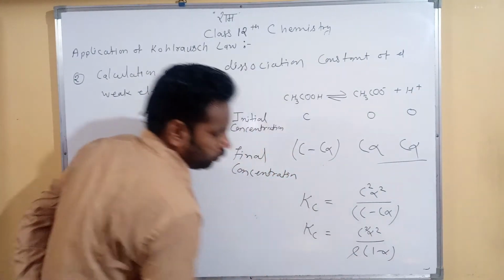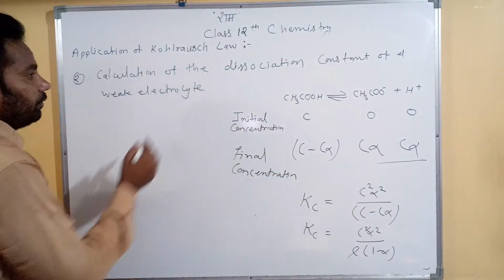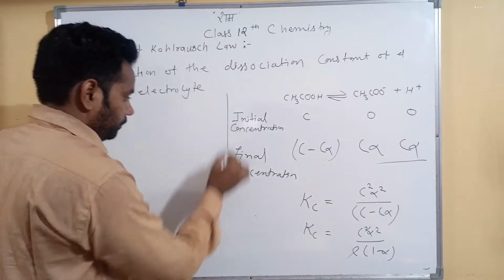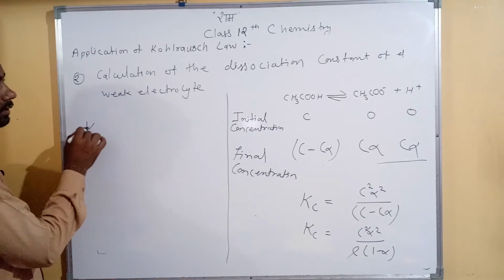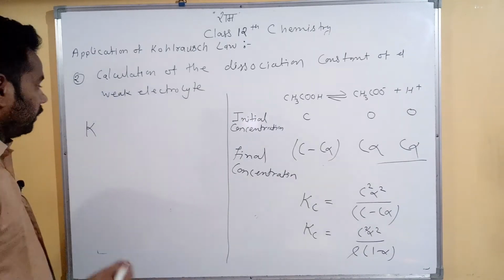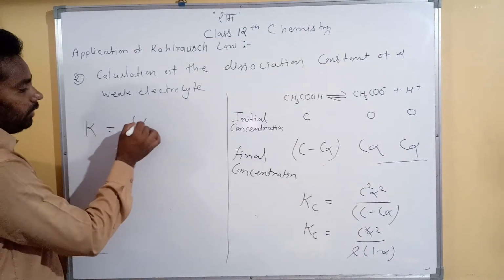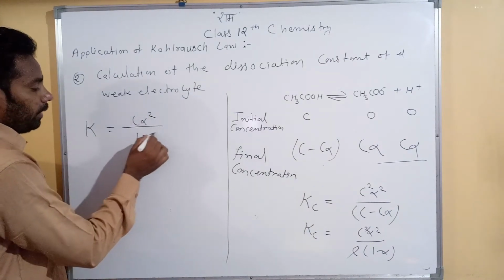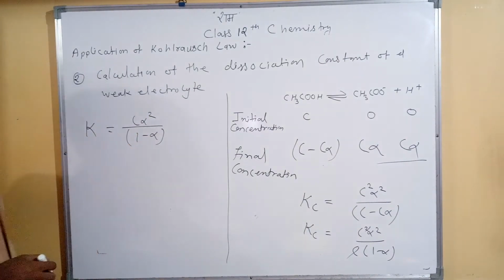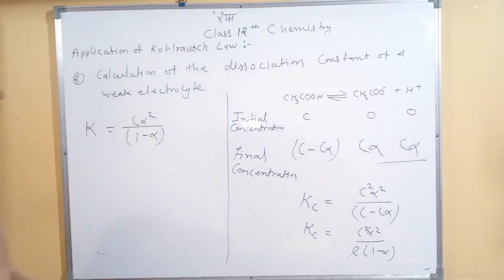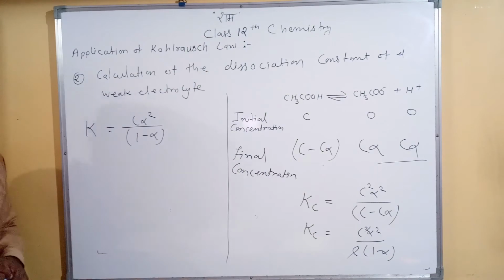So C cancels. Now we show the dissociation constant by K. So our value of K is C alpha square upon 1 minus alpha. So this formula we use for the calculation of dissociation constant.